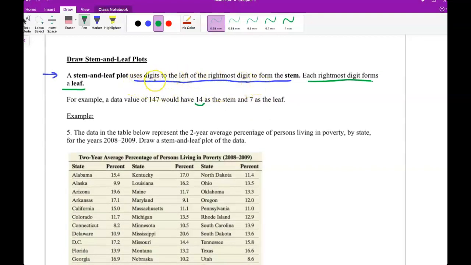Because our stems are the digits to the left of the rightmost digit. The 7 is the rightmost digit, and these are the digits that we have on the left of it.